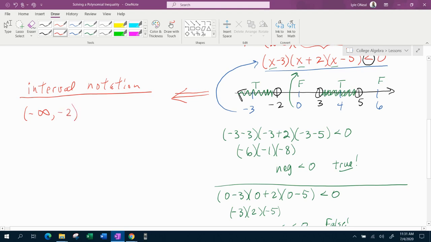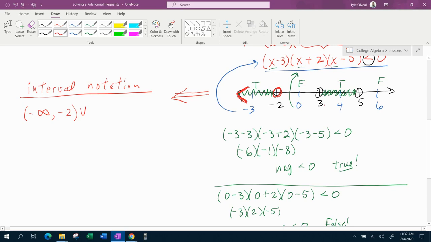And the reason I'm going to infinity is notice that this shading shades forever to the left, going to -infinity, but it stops at -2. And since it's an open circle, I'm going to use a parenthesis. That means -2 is not included in the solution set.